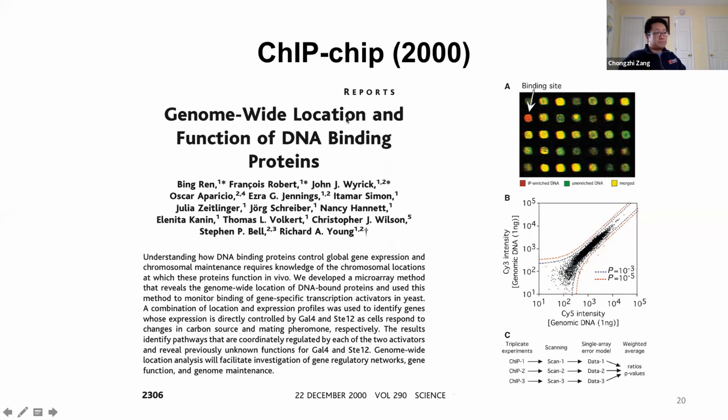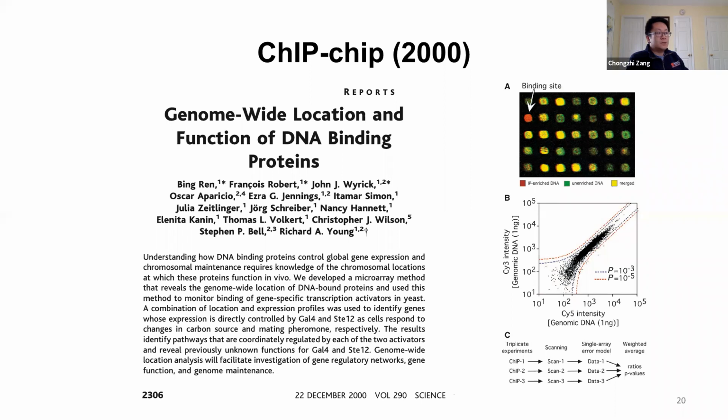People realized that by combining microarray technology with chromatin immunoprecipitation, we can study protein-DNA interaction across the genome, in a genome-wide manner.